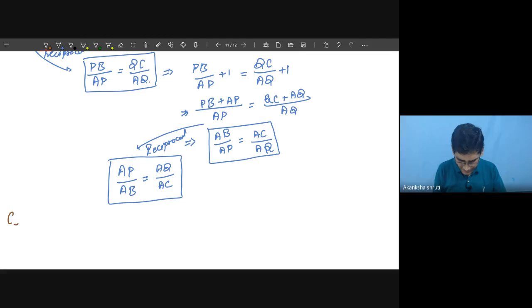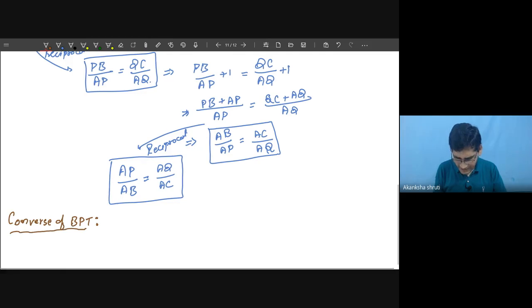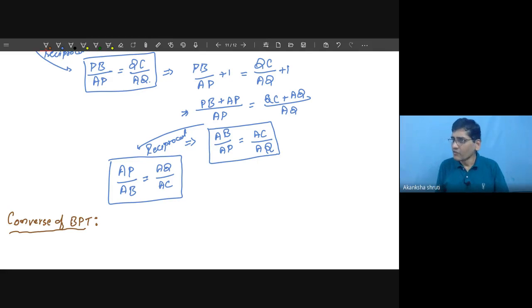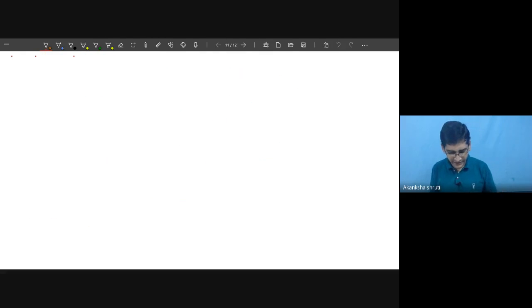Converse of BPT. This converse is nothing but just opposite. Means what was the given condition in BPT? What was the given condition?